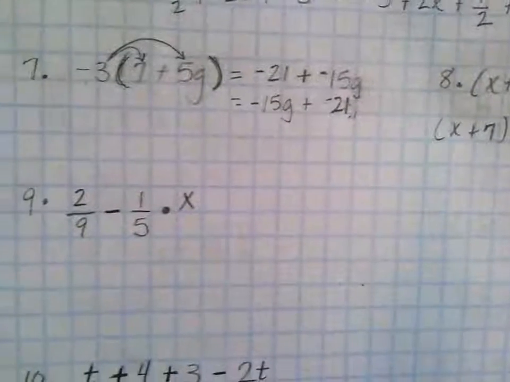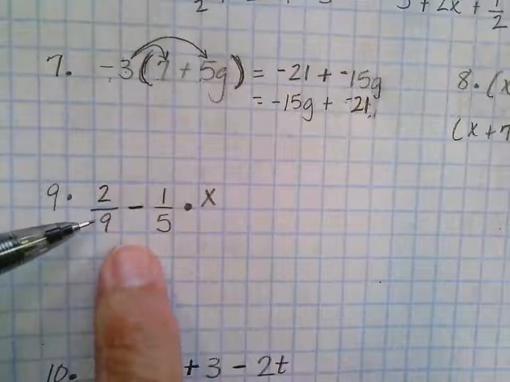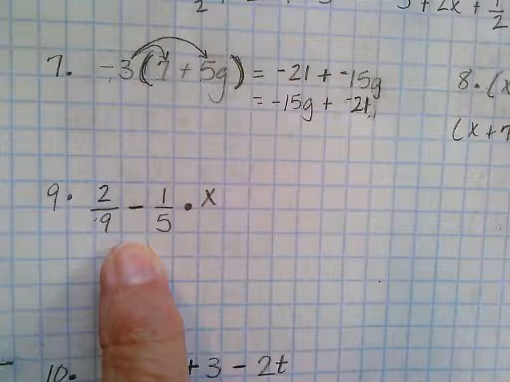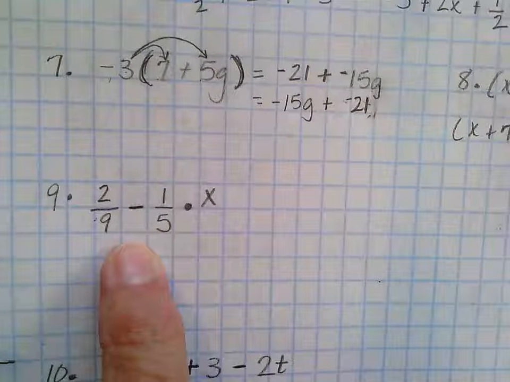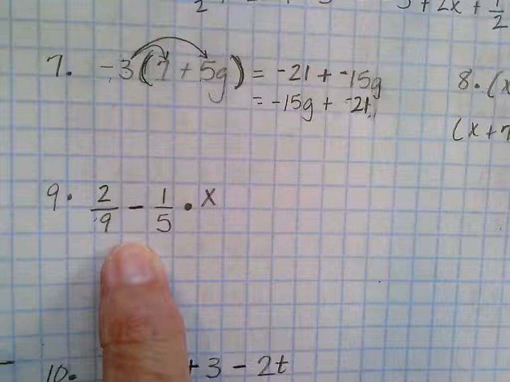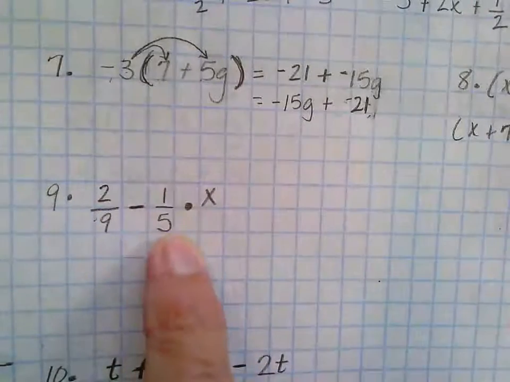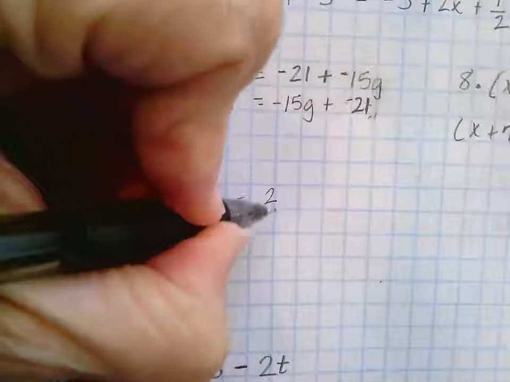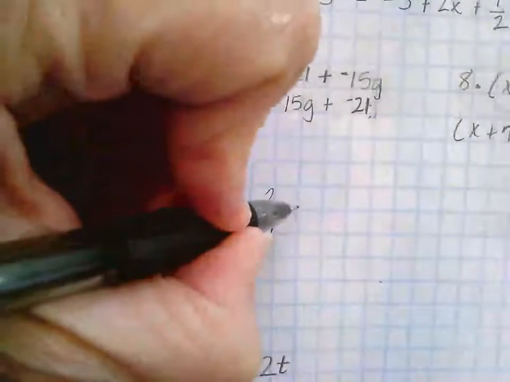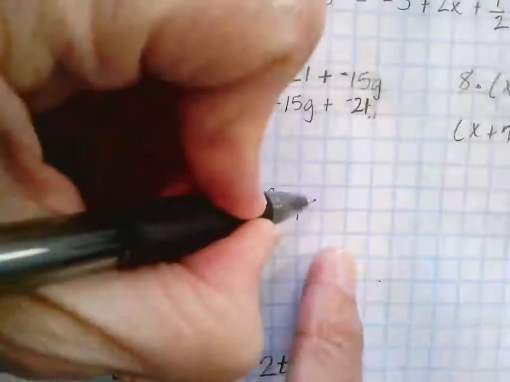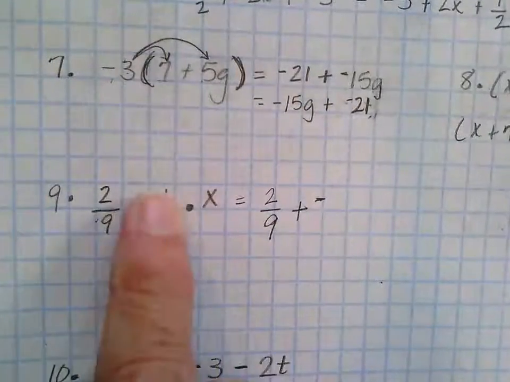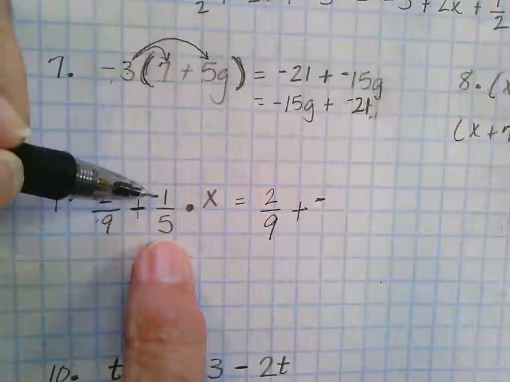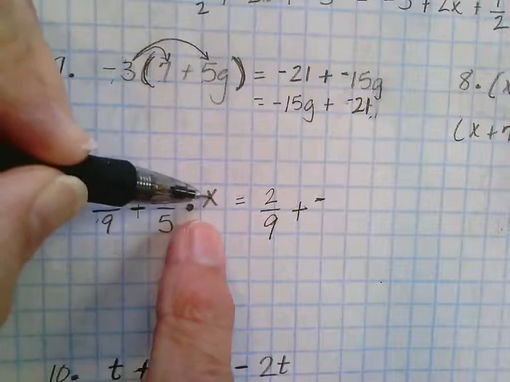Number 9. You can see that we do not have all addition right here. So what we're going to have to do is we're going to have to do the multiplication first. So I'm going to take 2/9 and I'm actually going to change that to plus a negative, and I'm going to multiply the negative 1/5 times my x.